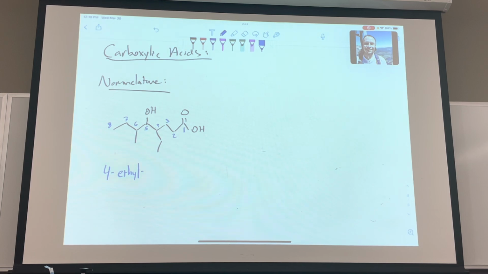And then the hydroxy. And then the methyl. And that's an 8 chain. So if it were just a regular alkane, we'd call it octane. To indicate it's a carboxylic acid, the suffix that we're going to use is -oic acid. So this would become octanoic acid.